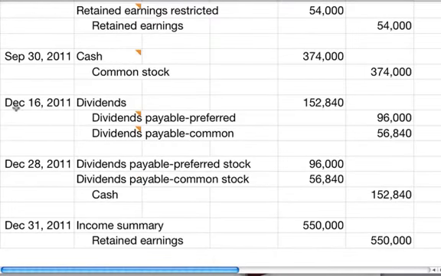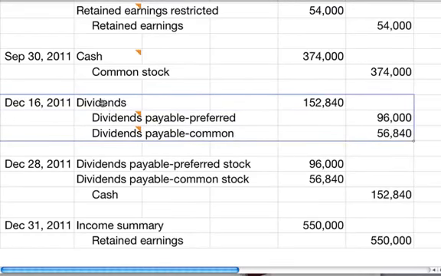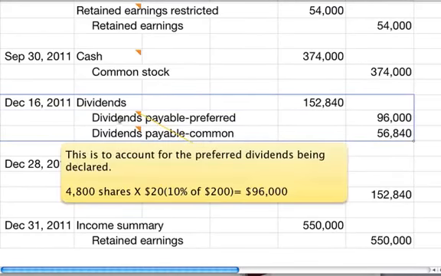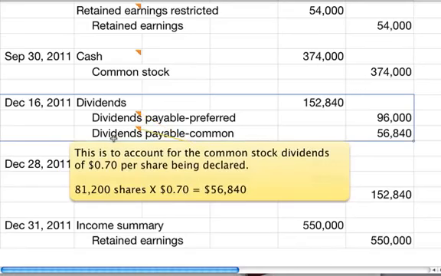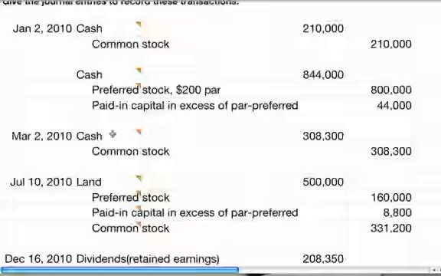So let's look at this one. You debit dividends for the amount 96,000, which is 4,800 shares times $20 again, and then 81,200 shares times 70 cents is 56,840.